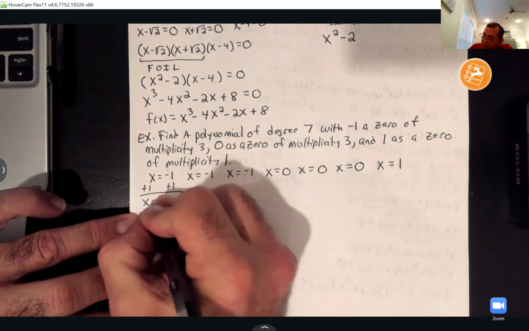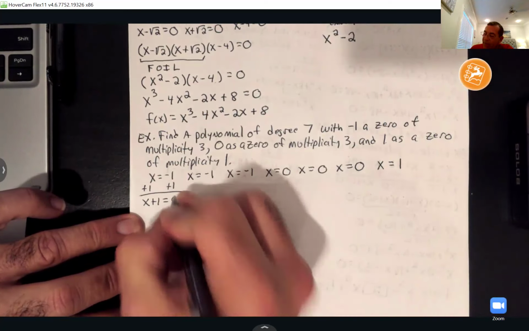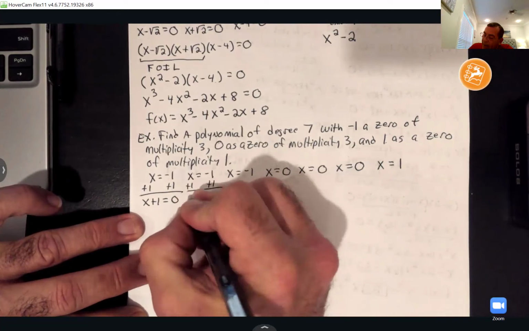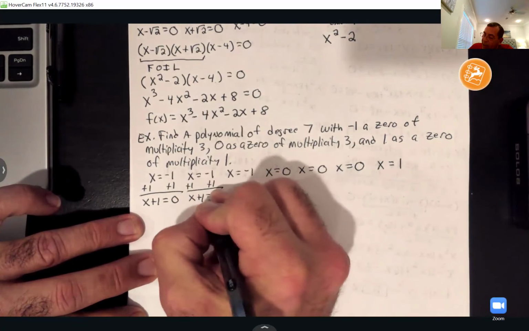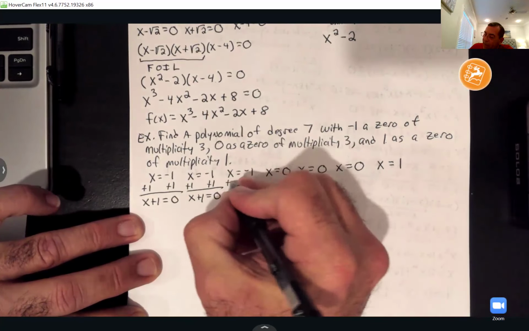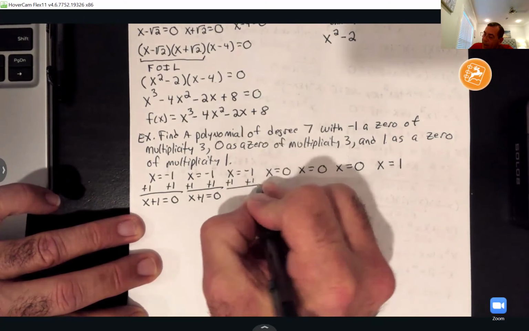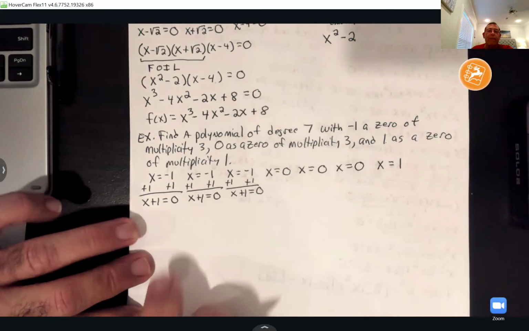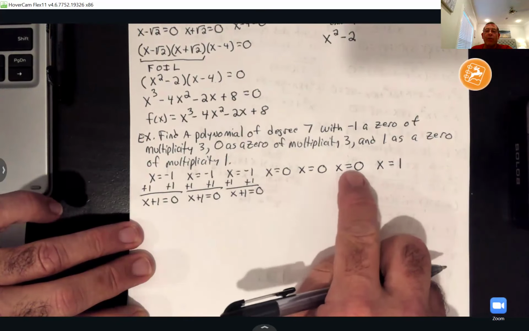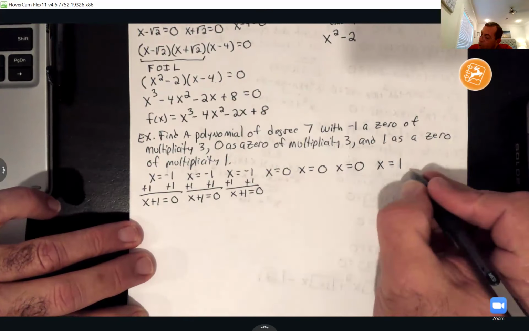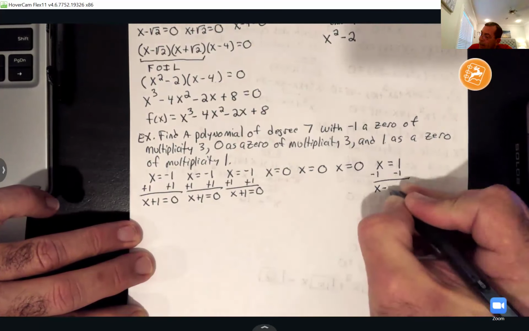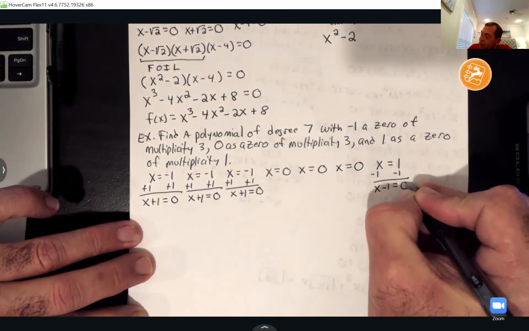So x plus 1 equals 0, x plus 1 equals 0, x plus 1 equals 0. So those 3 are done. Those 3 already got a 0. So I got one more. So we'll subtract 1 on this one. And I get x minus 1 equals 0.